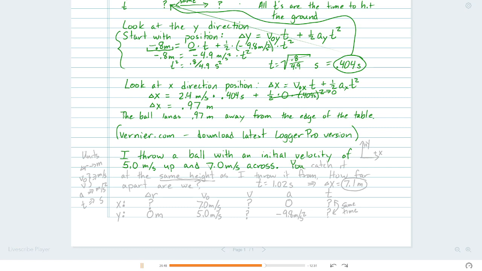You catch it at the same height as I throw it from. And I want to know how far apart are we?